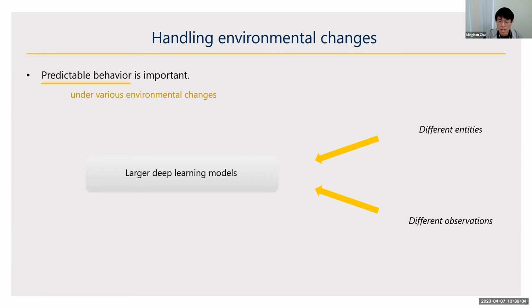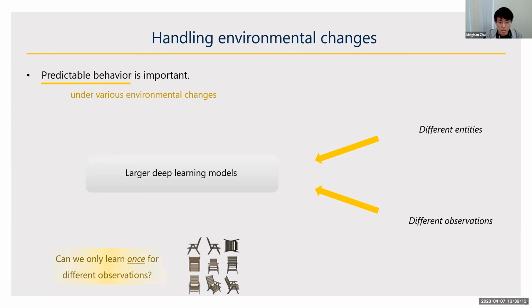However, there's a natural question to ask. Since the different observations are typically, for example, of the same object, can we learn only once for the different observations of the same object? That is, if a model can recognize the intrinsic property of an object, so that we know it is it, no matter what it appears to look like, then what benefit will it bring us?